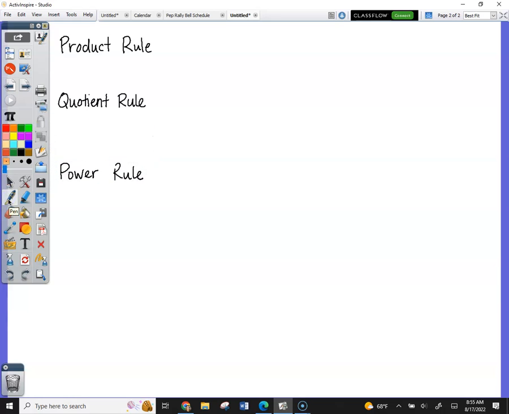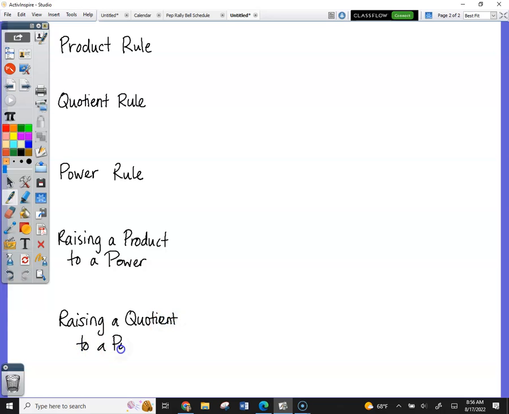Raising a product to a power. So we got 5 rules.